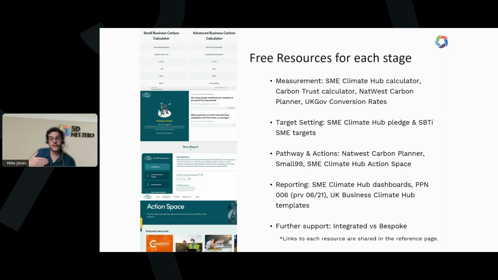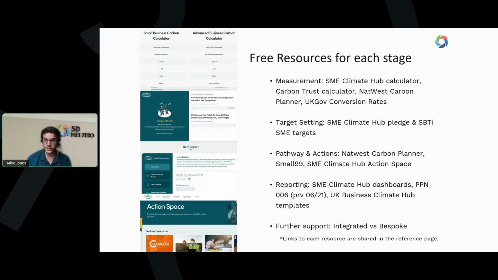I will also recommend, if there are certain sectors where the SBTi SME target guidance, the corporate guidance, isn't a good fit, so if you're in oil and gas or agriculture, you might want to look at sector-specific target setting, and there are some really good tools on SBTi on how to use those.